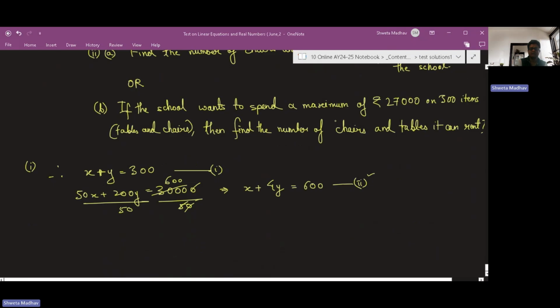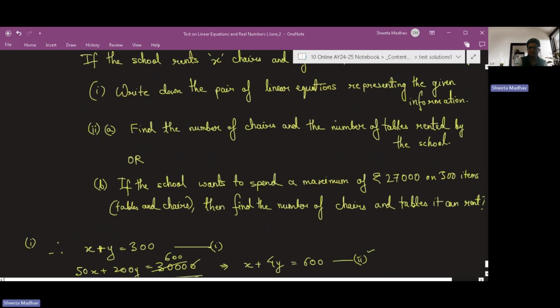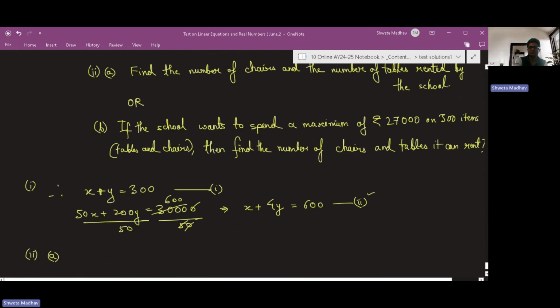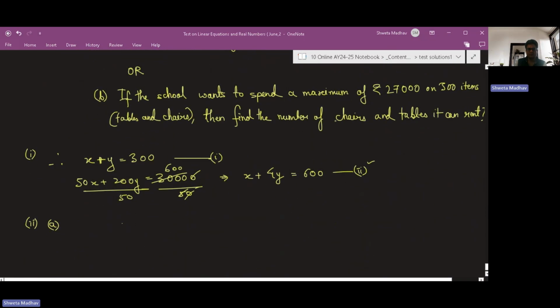And in subpart A, it has been told to find the number of chairs and the number of tables rented by the school. So we have to solve it and find X and Y here. The second equation is X plus 4Y equal to 600, and the first equation is X plus Y equal to 300.